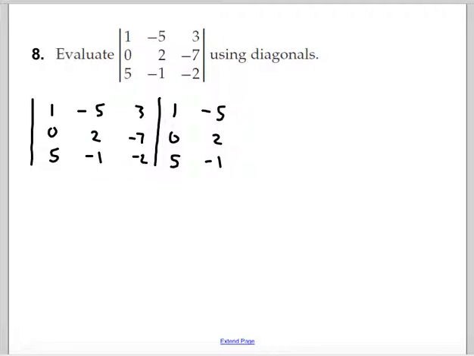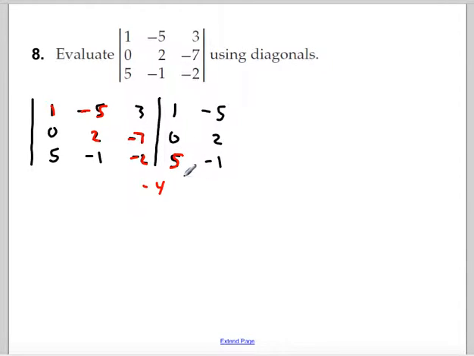Alright, so what we're going to do is multiply diagonally here. If I multiply down this way, I'm going to multiply 1, 2, negative 2, and I end up getting a negative 4. Then I want to multiply negative 5, negative 7, and 5.